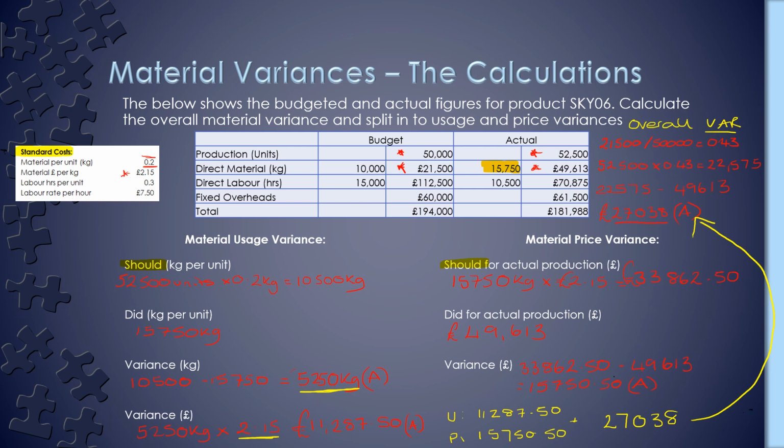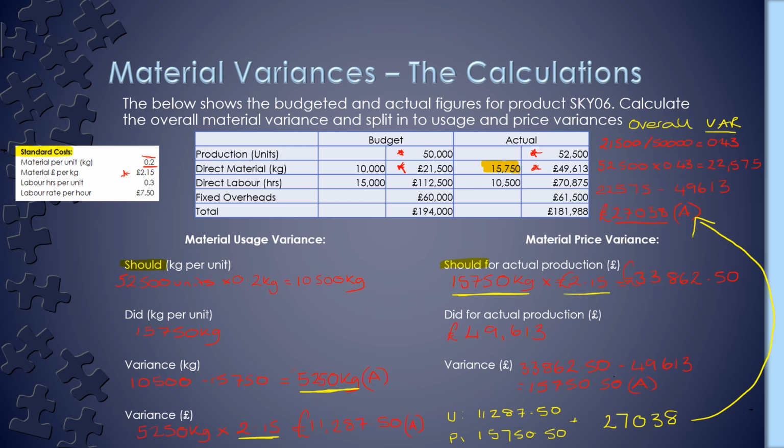Then we had a look at the price variance. We used 15,750 kilos.